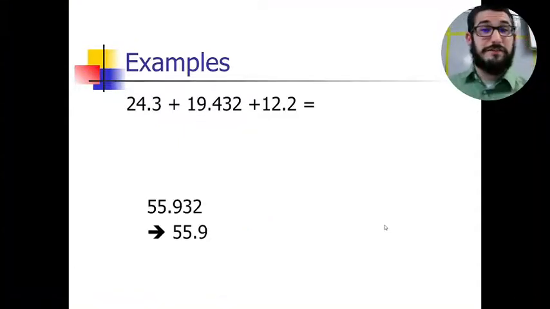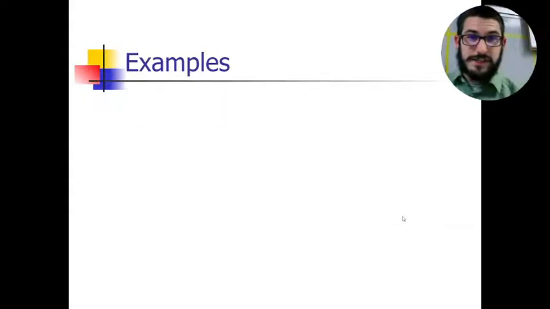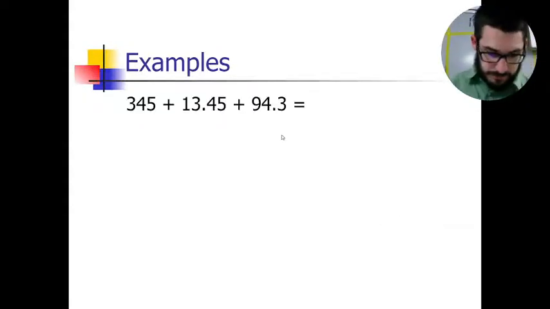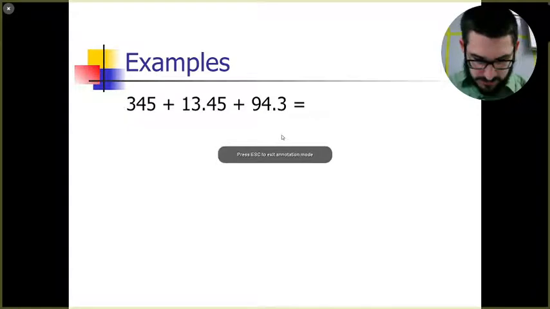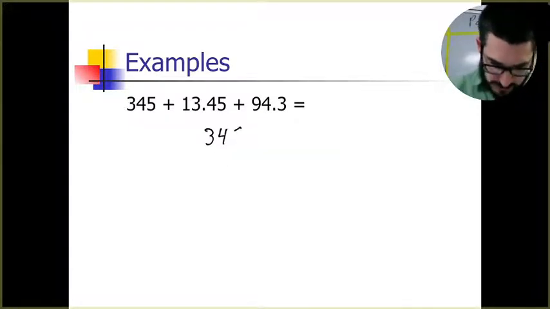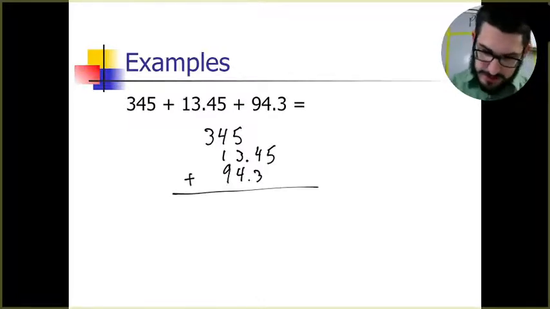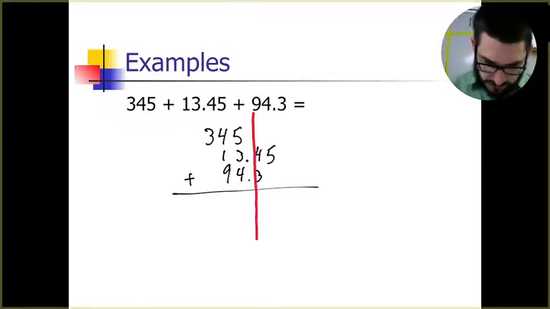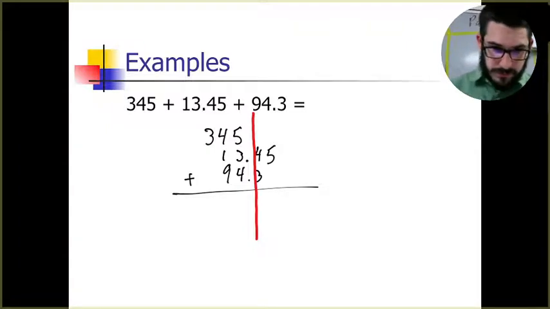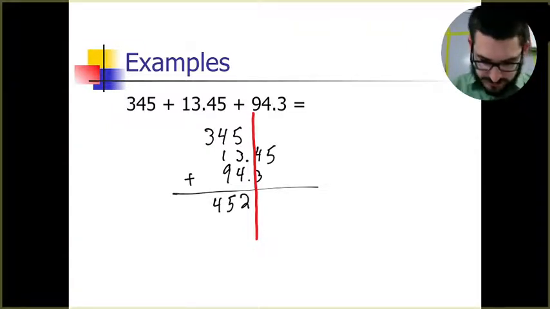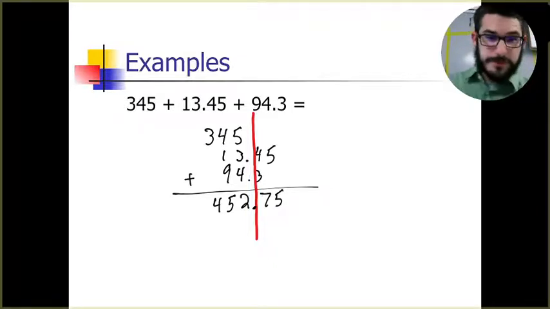And I've got 55.9. Okay, next, let's do 345 plus 13.45 plus 94.3. Do my calculation out, and I've got 452.75.